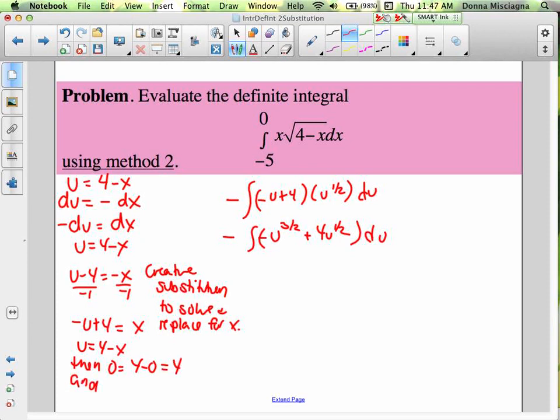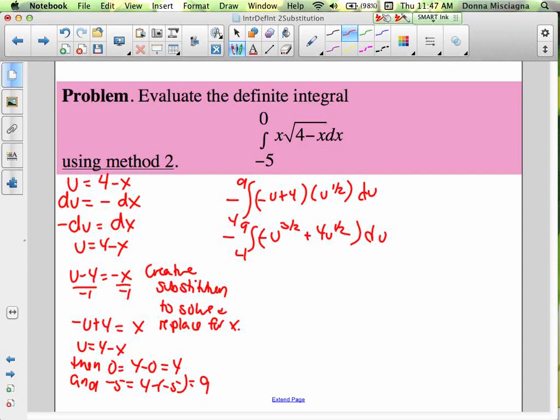And negative 5 will be 4 minus a negative 5, or 9. So now we're not going to substitute back. We've got new limits now, and so this is going to be 4 and 9. Right? So now we'll integrate.